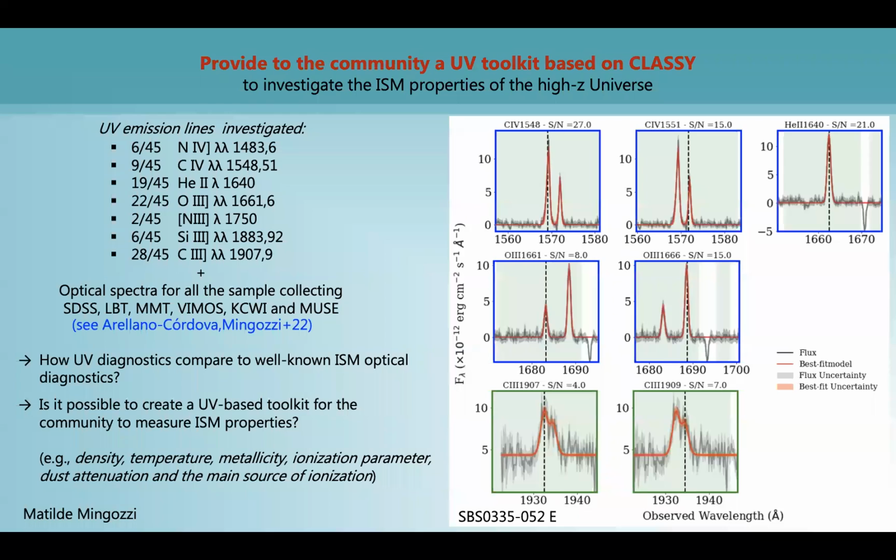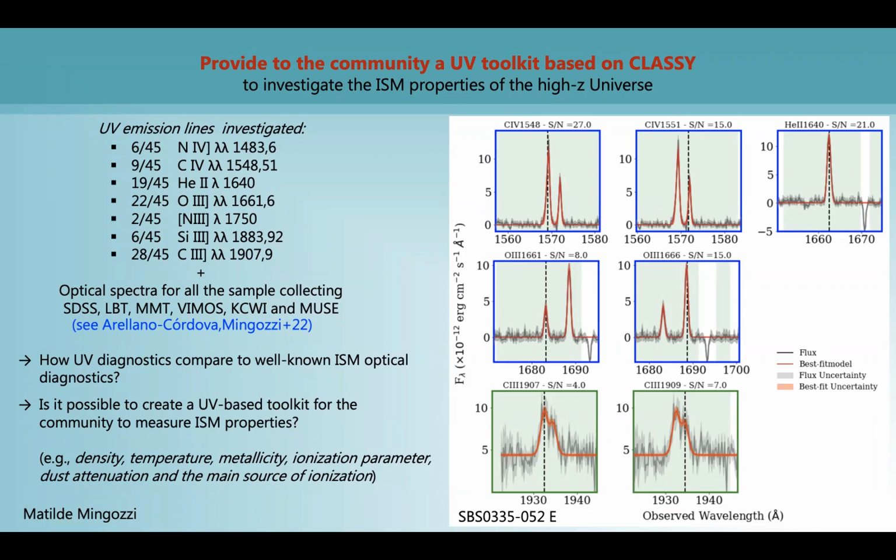Specifically, what I've been doing is the study of the ISM properties, as I was saying before, with the UV emission lines. The UV emission lines that we investigated are shown here, highlighting how many galaxies have these emission lines with signal to noise higher than 3. This is an example for one of the galaxies of some of the emission lines fitted.